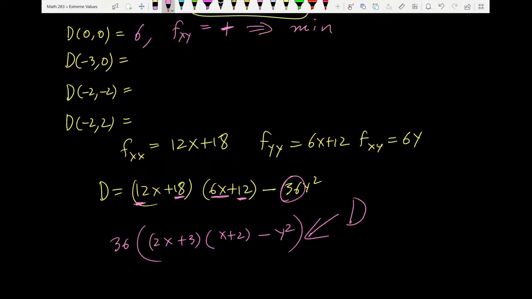D of negative 3, 0, what do you guys get? This is also what? 3. And f sub xx is what in this case? F sub xx is going to be negative. So therefore it's going to be maximum. Over here I get negative 4. Negative 4 implies that there's a saddle point.